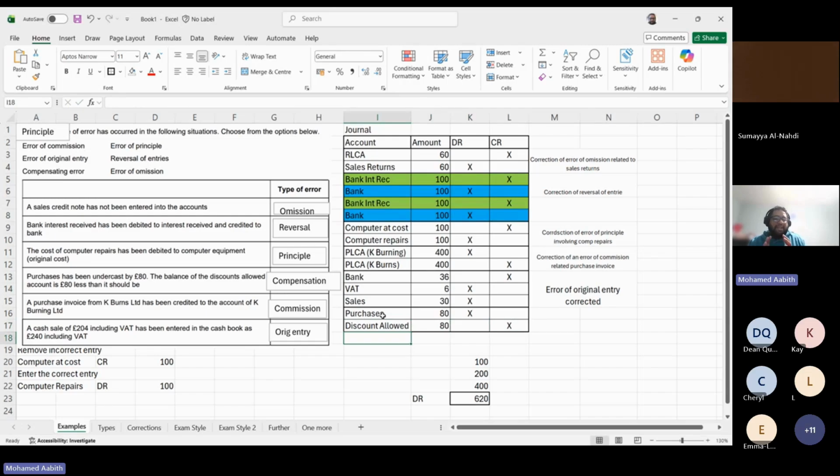Normally by itself, this would create a suspense account. Luckily, both amounts are the same, so they cancel each other out. Your trial balance is still matching, but the accounts were fundamentally in error. So these are the six types of errors you get questions on. You have to think about how you correct this.